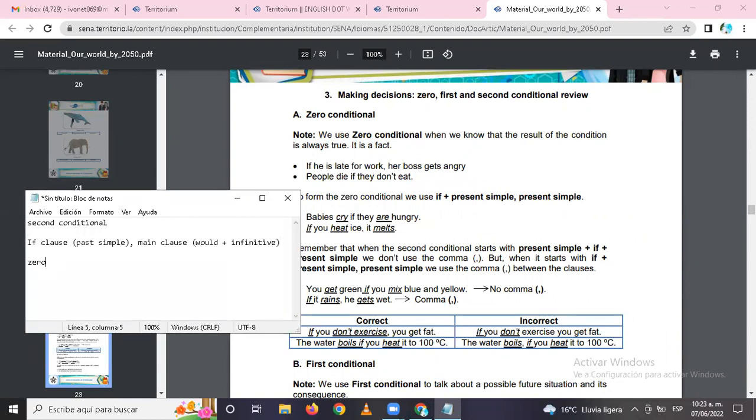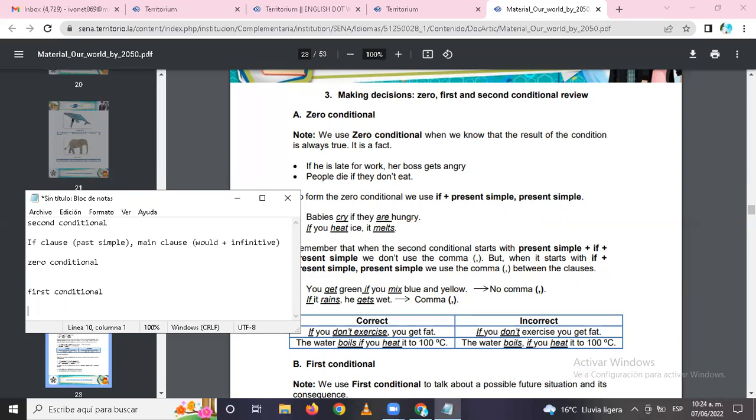Zero and first. Yes, teacher. Could you tell me, please? ¿Se acuerda? Sí, me acuerdo de la estructura. Can you tell me?